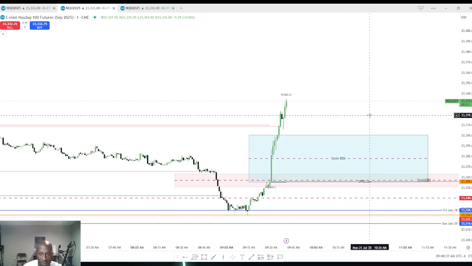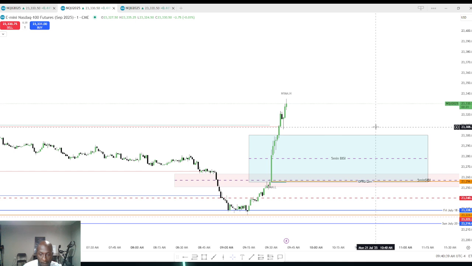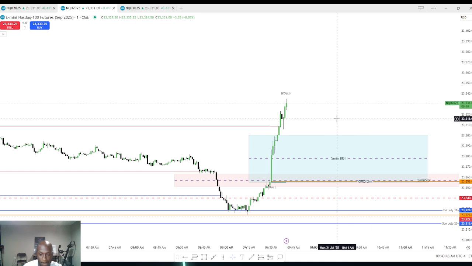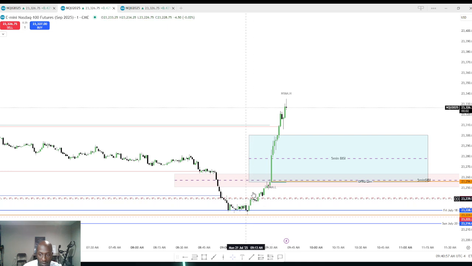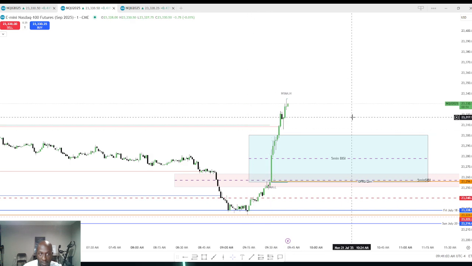So we're flowing. With us taking both of these, it should have been long, bottom half of the opening range gap, close above half, take both highs.